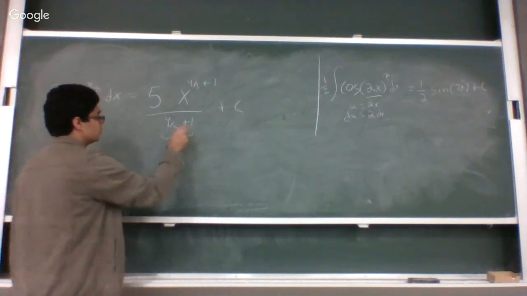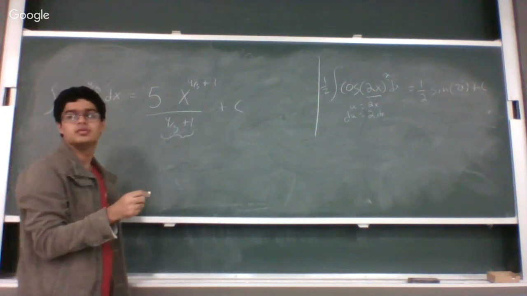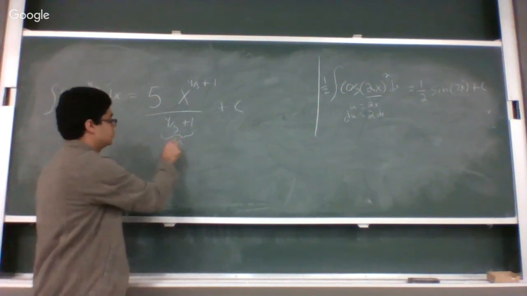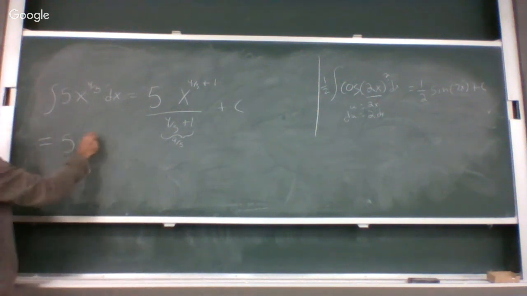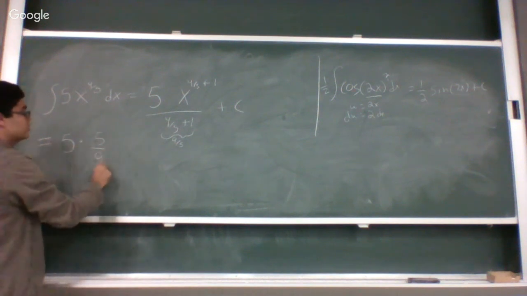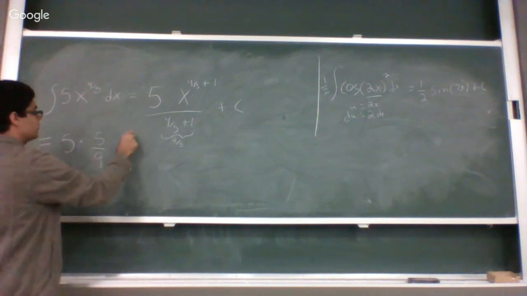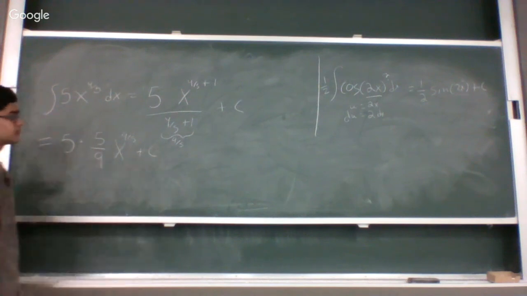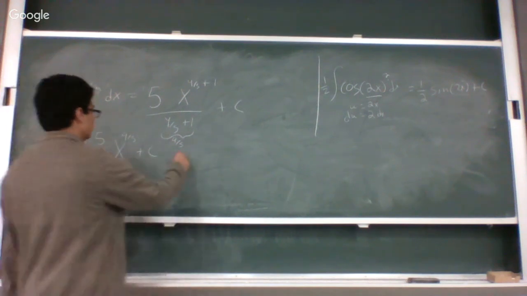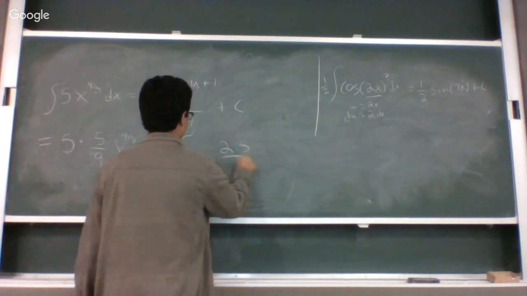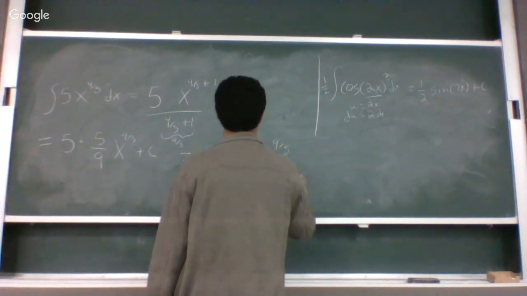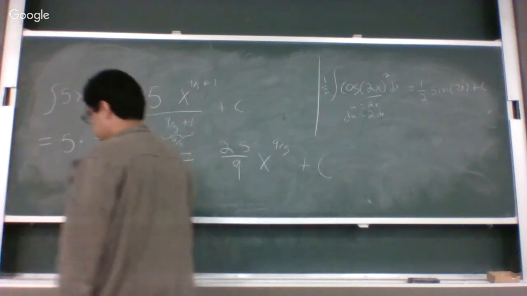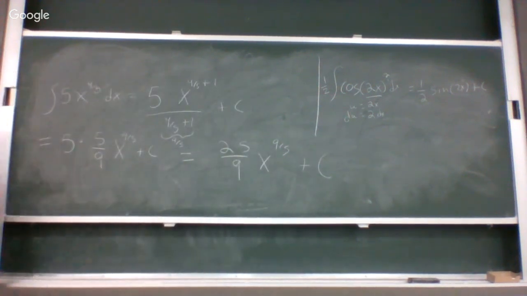What's 4/5 plus 1? 9/5. So we can rewrite it so that we don't get confused: 5 times 5 over 9 times x to the 9/5. That's equal to 25 over 9 x to the 9/5 plus c.